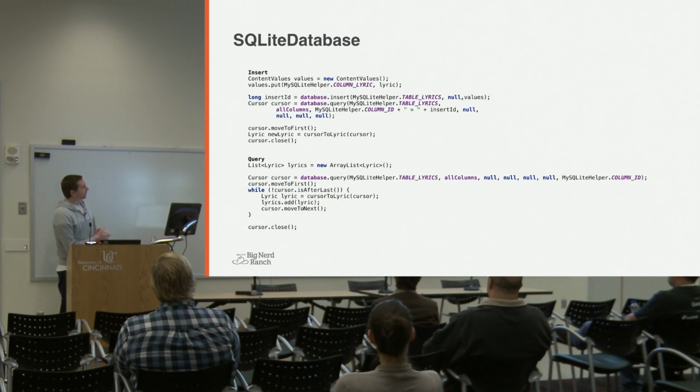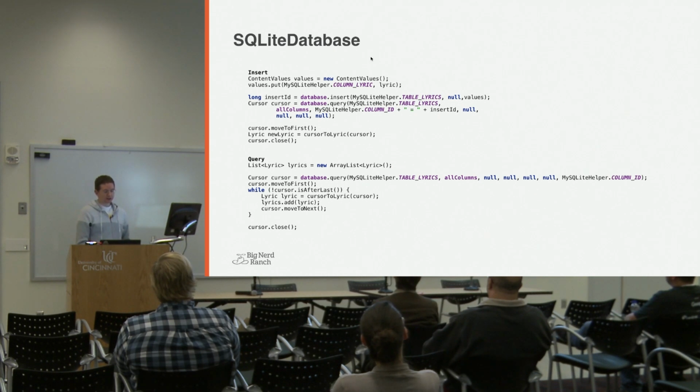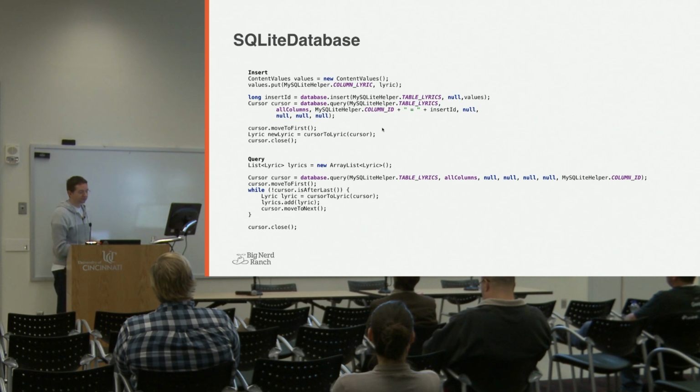To insert and update was a little bit of a different story. We had to work with things like content values maps that you see up at the top to put in key value pairs for things we wanted to put into the table. Then the insert itself wasn't too bad. We would mention the table name and pass those values. But the queries is where things got a little complex.